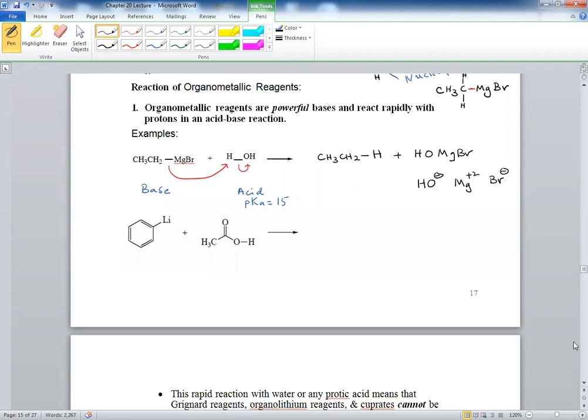The pKa of the conjugate acid in this case would be 50. And if you recall from acids and bases that we studied last semester, we always shift toward the weaker acid. So this is a weaker acid.